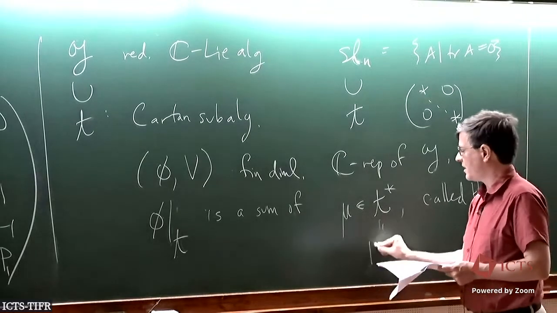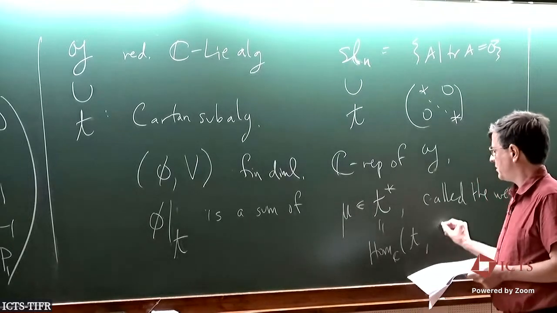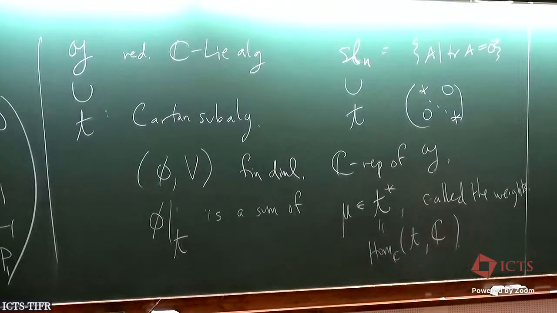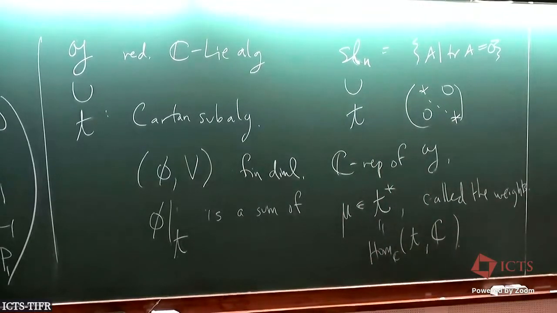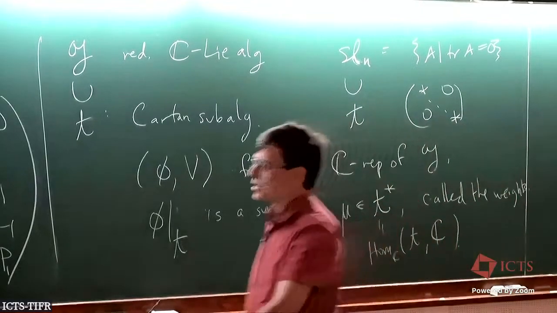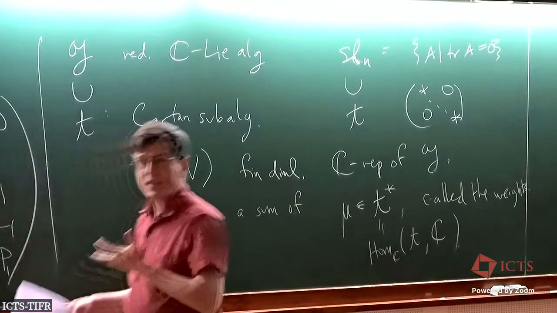T star, I of course mean the linear dual of T. So it's a sum of various weights, and typically they come with some multiplicity. And so I'm going to think about a multiset of weights associated to this representation. Basically I want to talk about evaluating these symmetric polynomials on the multiset of the weights.